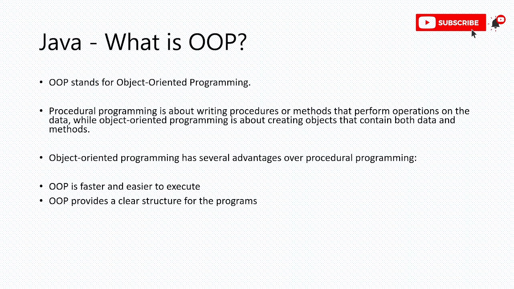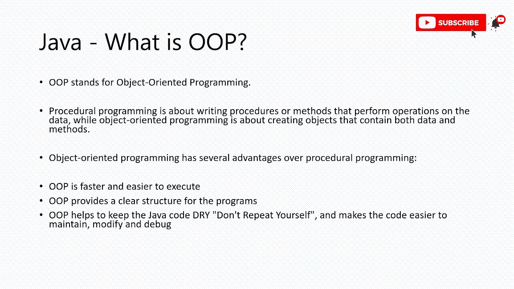It is faster and easier to execute because you create a class that will represent a certain object in reality, and then you have a separate execution in calling those classes, so it's easy to maintain. That's the clear structure for the programs, and I will show you later on how to do it.